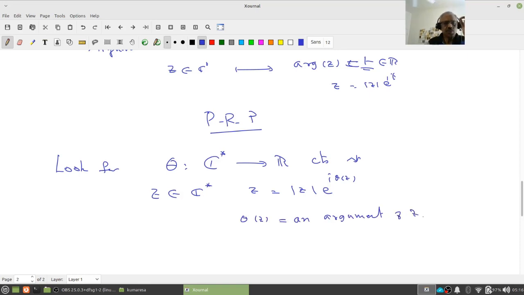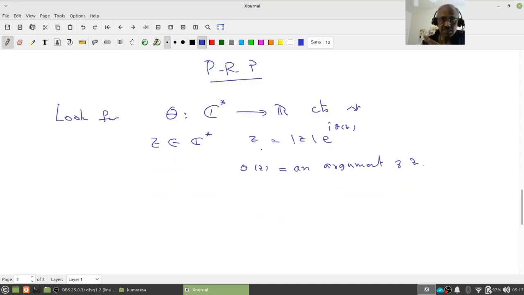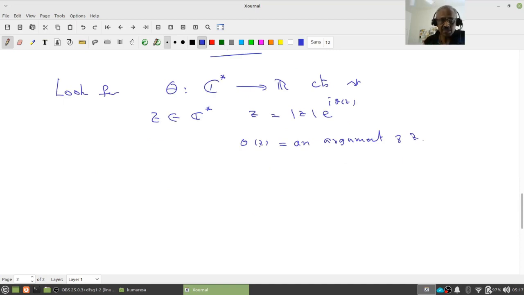So what we are looking for is, among all possible arguments for a given non-zero complex number z, I want to choose one particular argument theta z, so that the map z going to theta z is continuous. Please understand, these are the things which are never usually discussed in a typical complex analysis course. Is it clear?